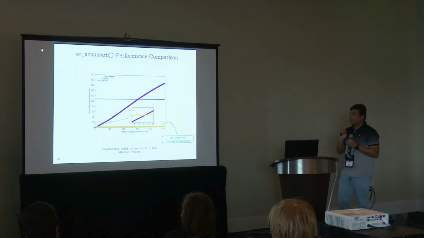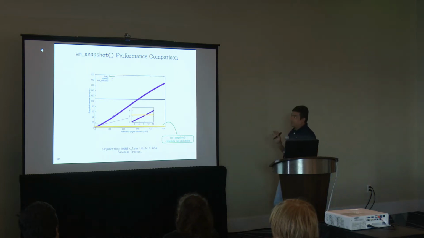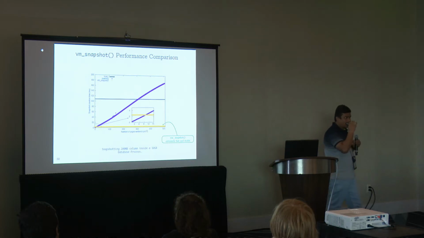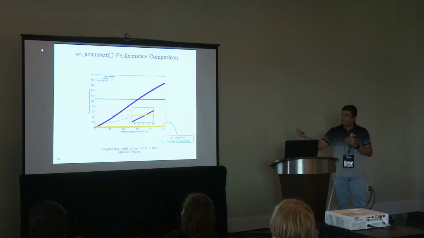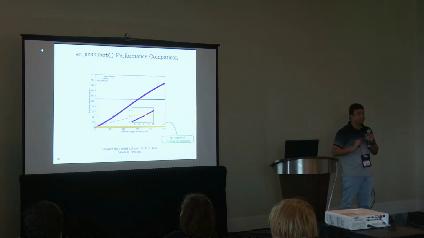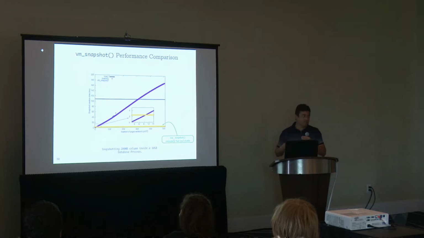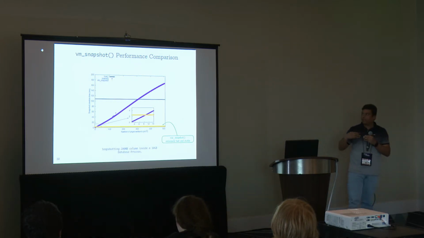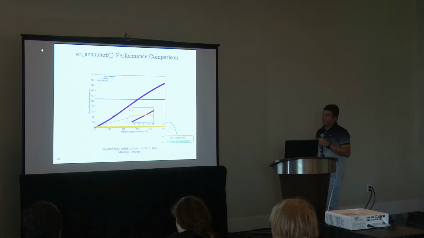As you can see, fork takes roughly 108 milliseconds, which is like forking the whole process, and VM snapshot is very consistent at around 2-some milliseconds. This is what we actually wanted to achieve: to snapshot flexibly at any point in time, and fast.